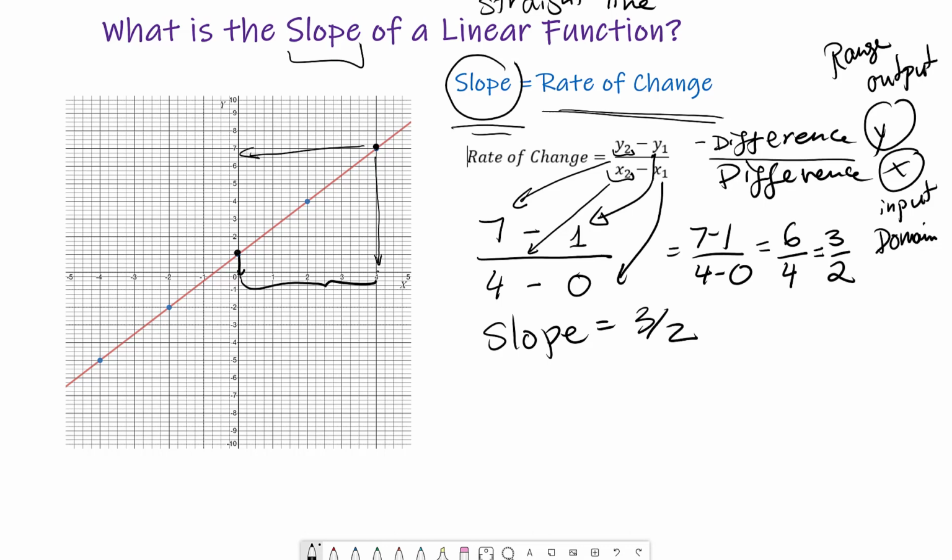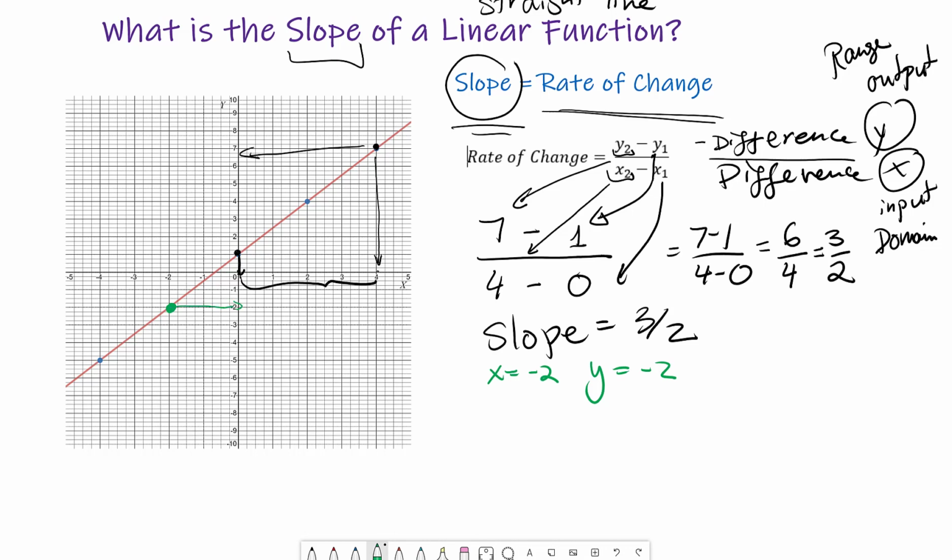Now in the previous video we emphasized that for a linear function, the rate of change, or the slope, is constant, which means that if we look at two other points, we should see the same slope. So let's do that. Let's look at this point here. We have a point at x equals minus 2, and our y here is also minus 2.